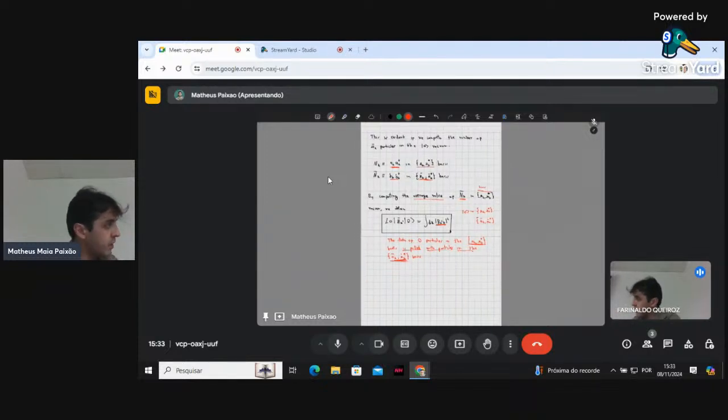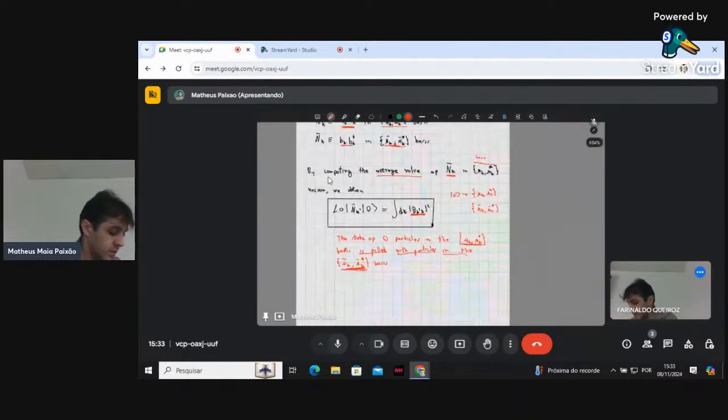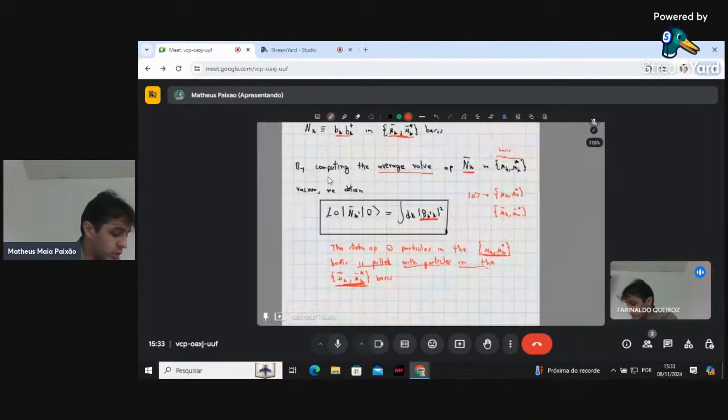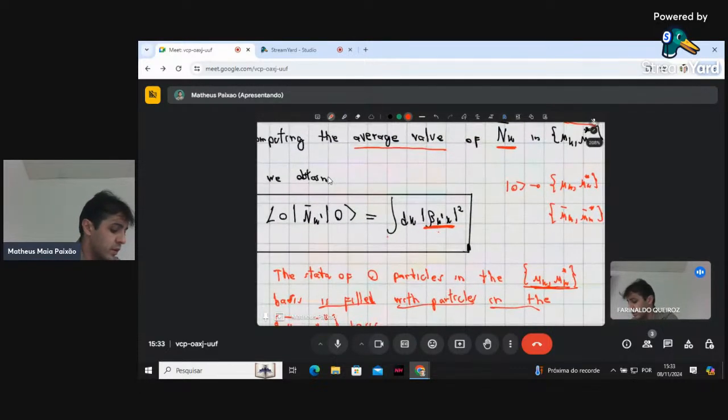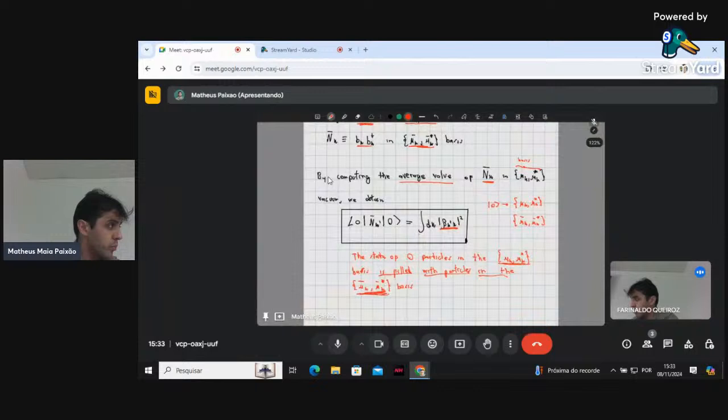If we consider one basis, we have a definition of some number of particles, but if we use another basis, we will have a different number of particles. And the only condition that links the different bases is that the Bogoliubov coefficient is 0.